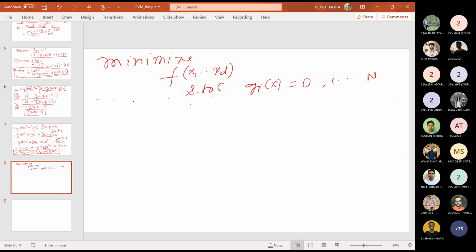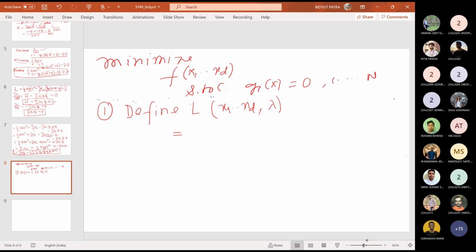Okay. So now what was the first step? First step was we have to define the Lagrangian L, that is nothing but L as a function of all values of x1 to xd and lambda.